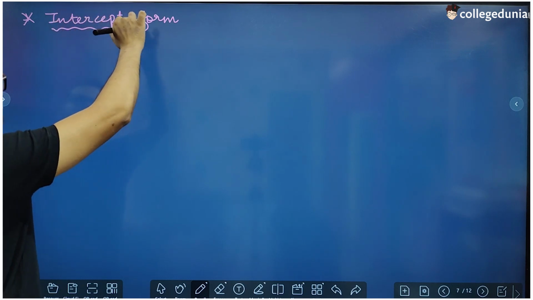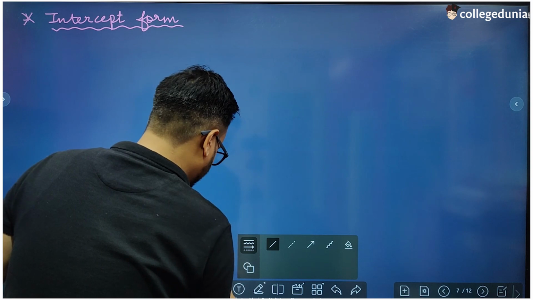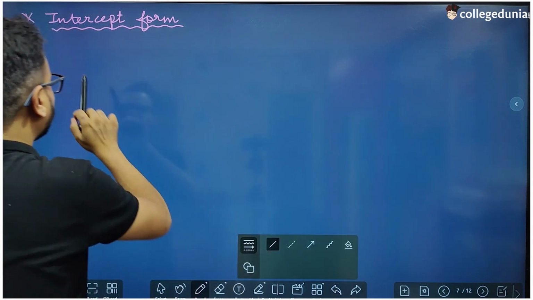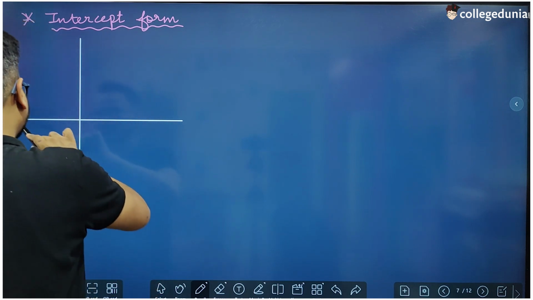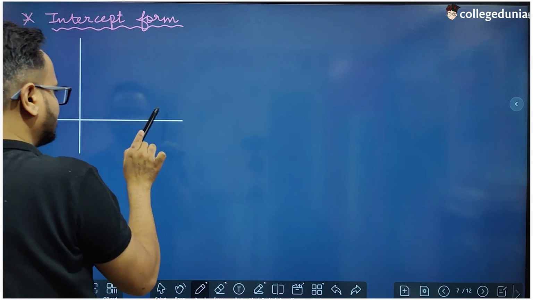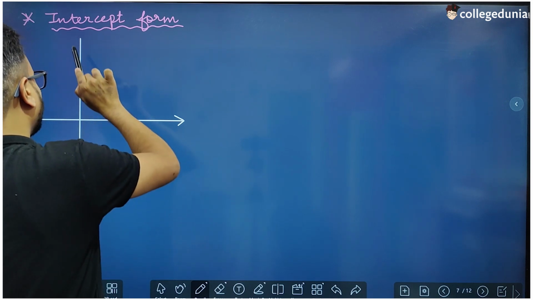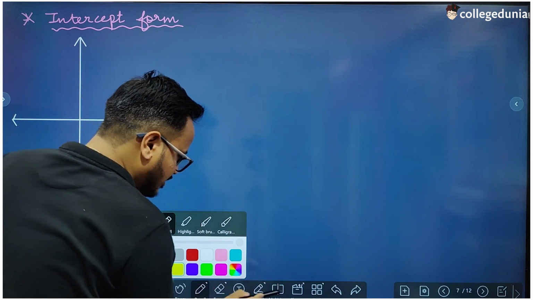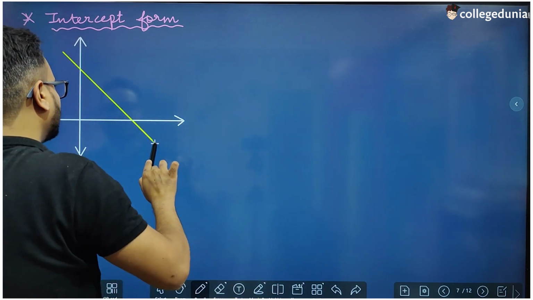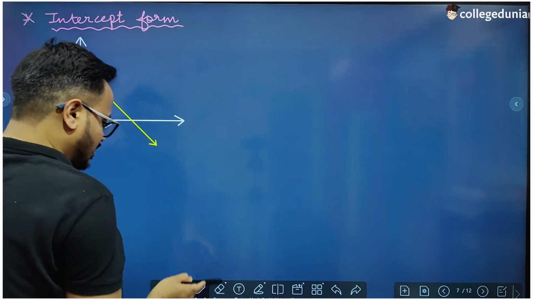Next form is called the intercept form. What is the intercept form? In it, we know both the intercepts. This is the x-axis and this is the y-axis and this is the line, and this line makes the intercepts.